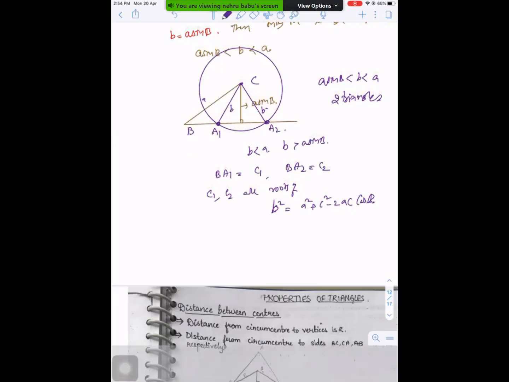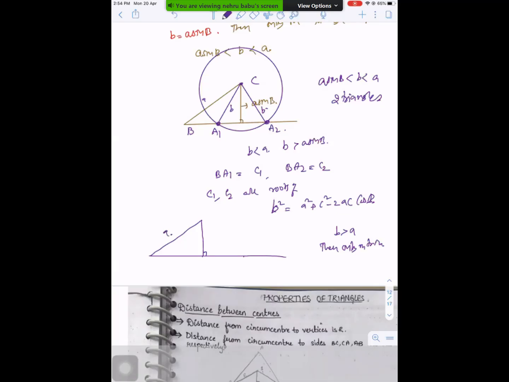In this rough diagram, the last case: if b is bigger than a, then only one triangle. Why only one triangle?